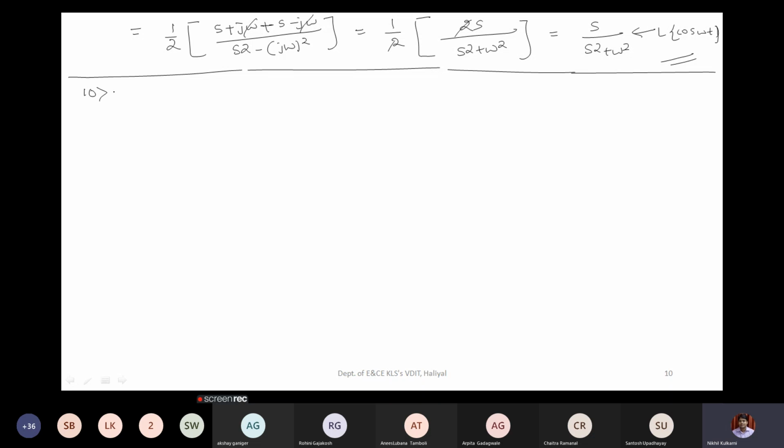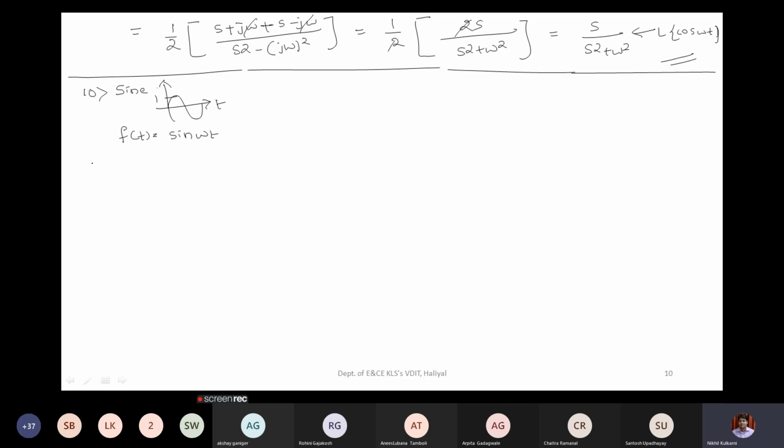Similarly, you can consider for the sine signal also. So for sine wave, now sine wave will start from 0 like this, we know. If you consider the amplitude to be 1, then f of t, what I am considering, will be sine omega t.